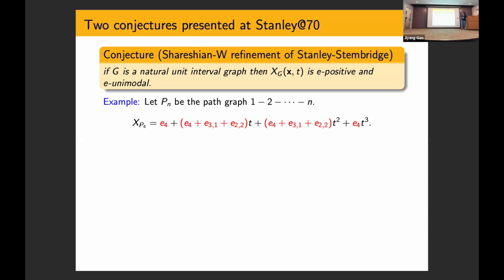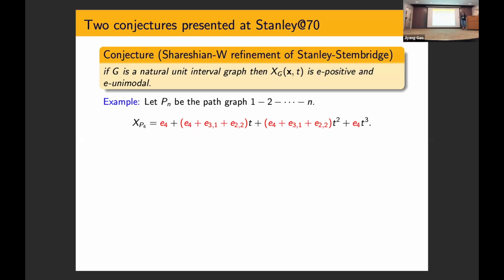They are palindromic also. And you can see that in this example the coefficients are e-positive, and by e-unimodal, that just means when you subtract this from this, you get an e-positive symmetric function. You go up to the middle, and the difference is always e-positive. So that's what e-unimodal is.